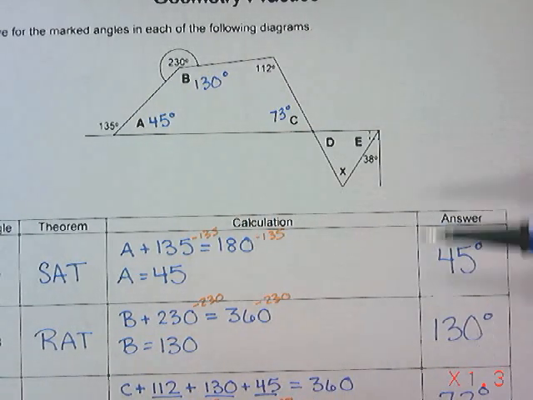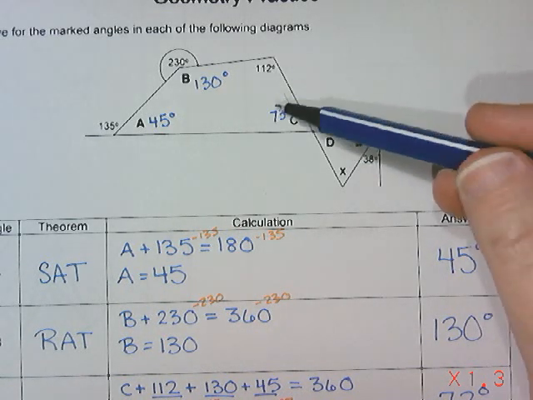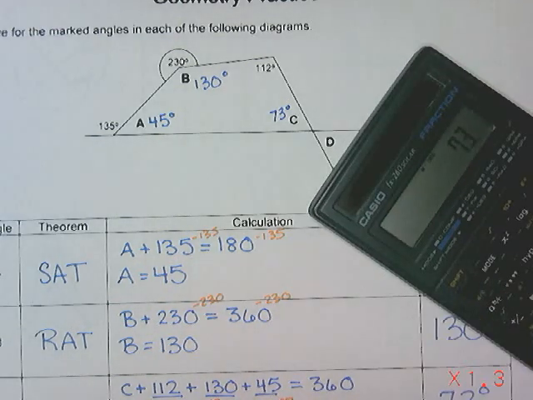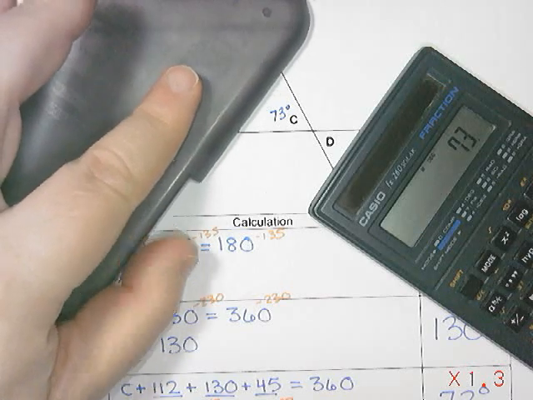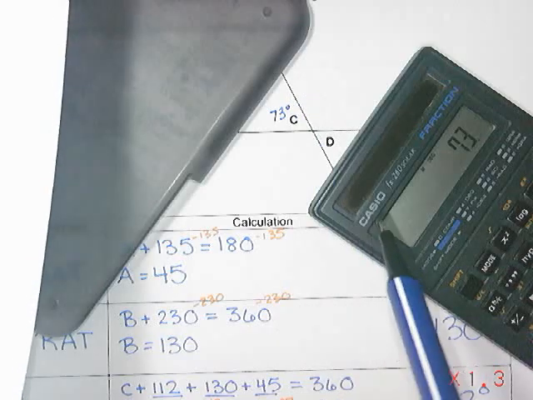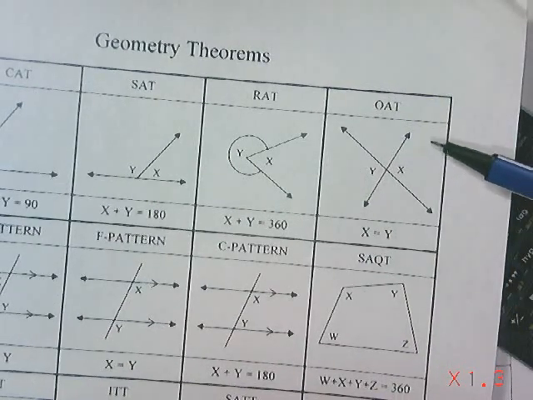If we try to continue in alphabetical order, D is on the opposite side of 73. So if I were to cover up the other parts of the picture and just look at C and D, I see two crossing lines. This is my personal favorite of all theorems, OAT.